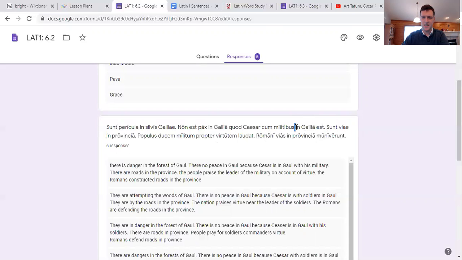Caesar is in Gaul. Same prepositional phrase. Now we have a second prepositional phrase, cum militibus, with his soldiers. Cum with the ablative is an ablative of accompaniment. The whole sentence then: there is not peace in Gaul because Caesar is in Gaul with his soldiers.